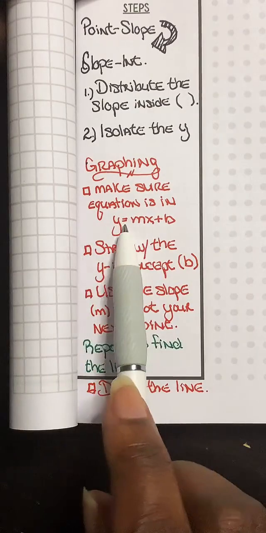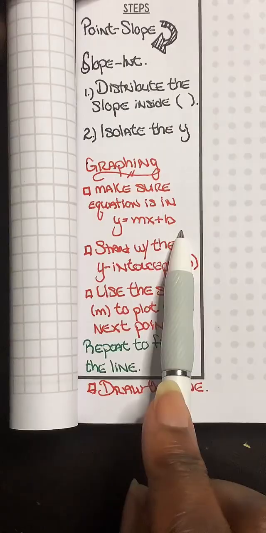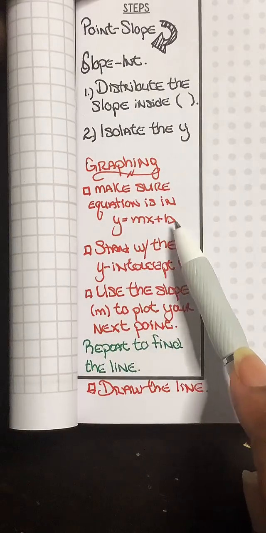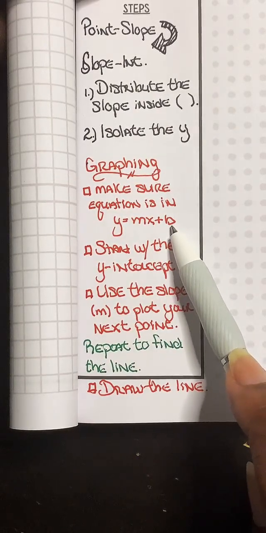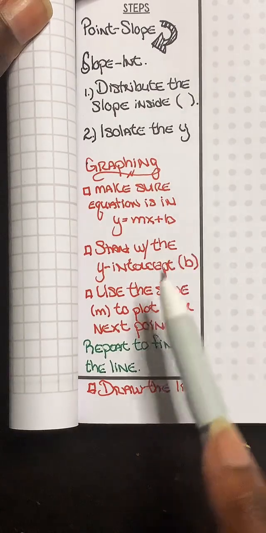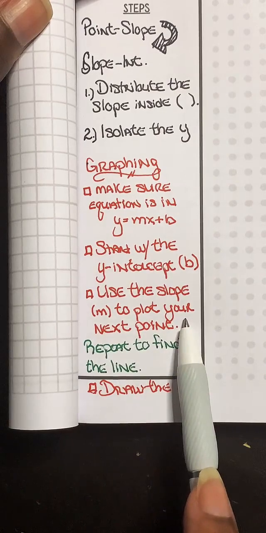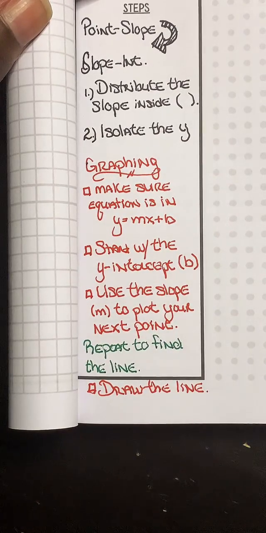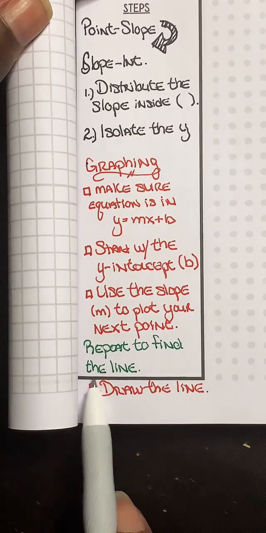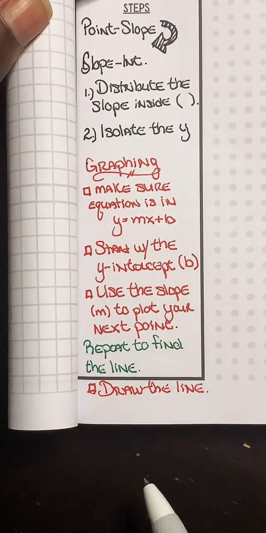When we're graphing, one, make sure your equation is in that slope-intercept form. Once it is, you're going to start with your y-intercept. Once you plot that first point, in order to get to the next point, we need to use the slope. Once we use our slope, we plot our next point, and we can repeat this a couple of times until you actually see the line being formed by the points that you plotted.